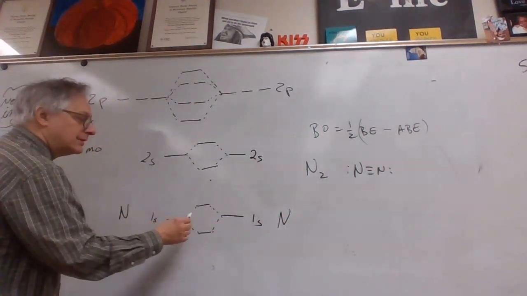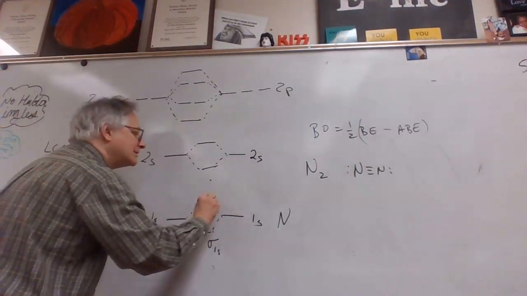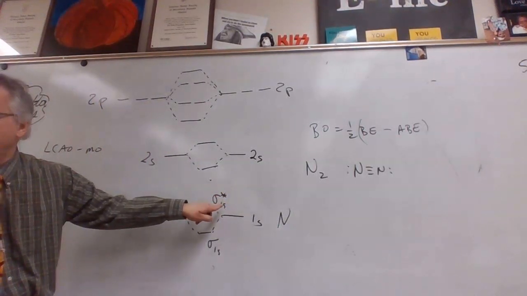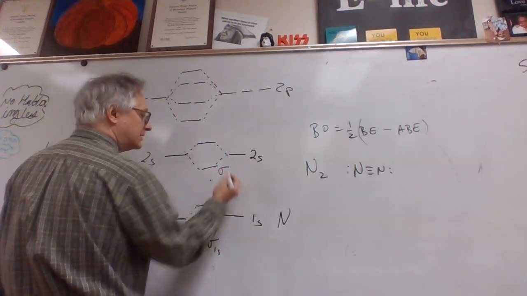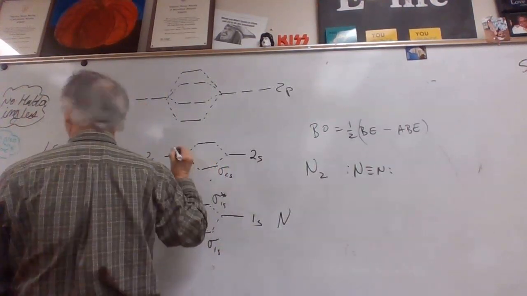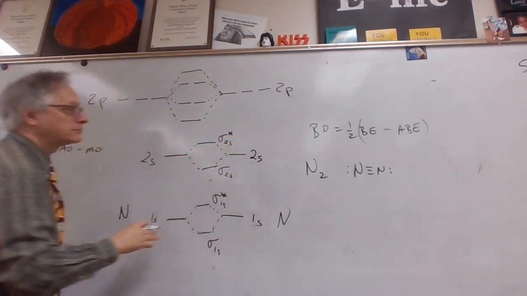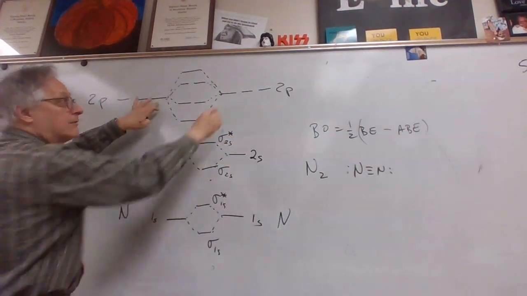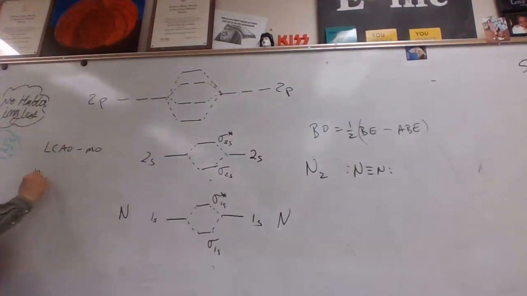So we gave these names. We said, well, the s orbitals can come together to form the sigma 1s and the sigma star 1s. The sigma star was the anti-bonding, and the sigma was the bonding. Likewise, up here, we have the sigma 2s and the sigma star 2s. And then here we've got 1, 2, 3, 4, 5, 6 atomic orbitals, and n atomic orbitals give n molecular orbitals.